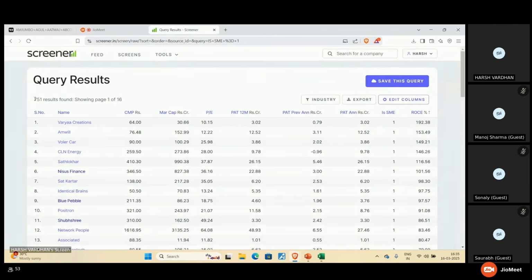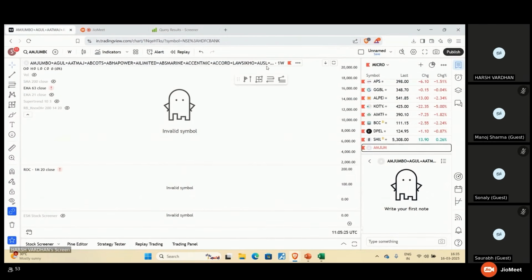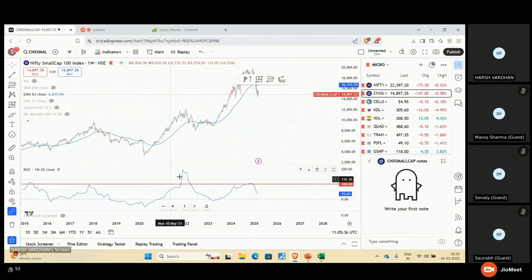Obviously there are too many companies, but if you take a sample set of, let's say, 50 or 100 companies which have been listed for more than 1 year in the SME segment, and you create an index for them, then you will notice that the index very much replicates the small cap index.